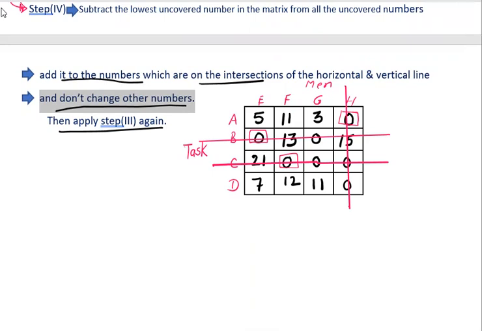So how many lines we have drawn? Again, the number of lines, horizontal and vertical lines. We have drawn three lines, two horizontal, one vertical, and it is not equal to the order of the matrix, which is 4, the order of the cost matrix.